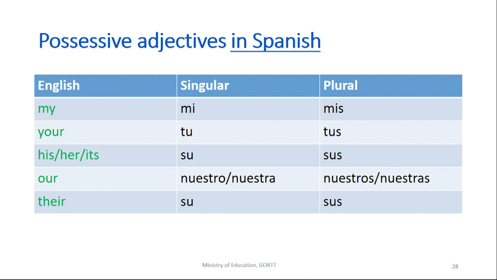And for nouns that are feminine and plural, we say nuestras. Also, to say their, for nouns that are singular, we use su. And for nouns that are plural, we use sus. Don't worry, we'll come back to this table in a bit.